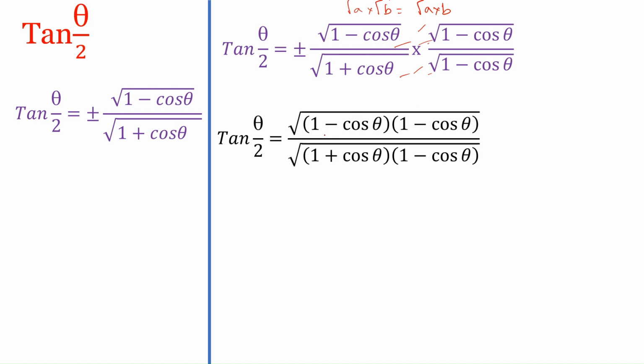Under root, here if we see this term and this term are same, so we can write it like a into a, which can be written as root a square, and that would be equal to a, and that gives a simplification for the numerator portion. Coming to the denominator, this is like a plus b into a minus b.